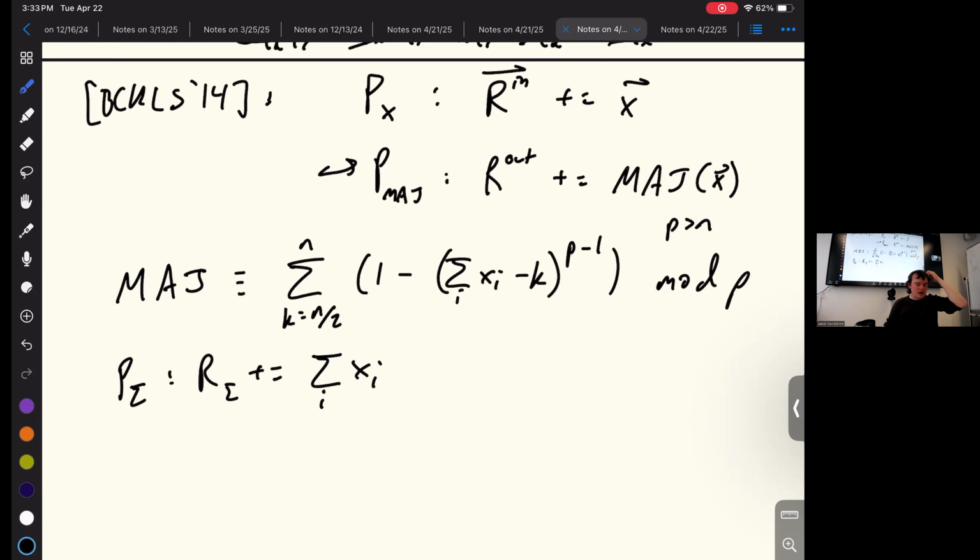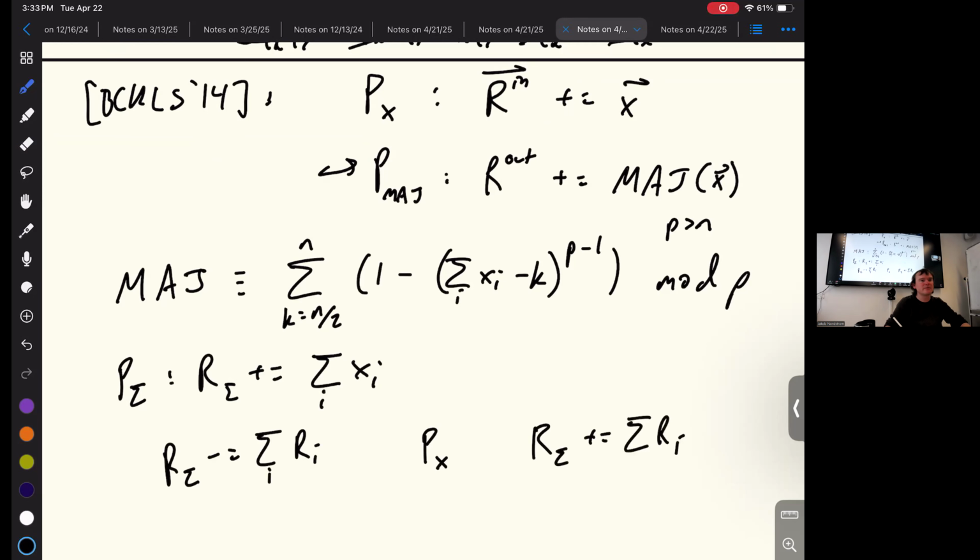Roughly speaking, now the x's are all going to go into their own registers, so you have to do a little bit more footwork. But basically, you just do r sum minus equal to the sum of all the ri's. Then you run the program px, and then you do r sum plus equal to the sum of the ri's. Right? You subtract off the value that was originally there, and then you add back in those values plus the sum of the xi's. That's really all it is.